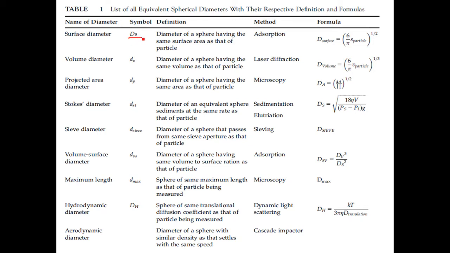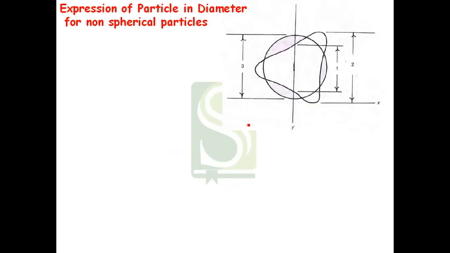You can see here surface diameter, volume diameter, projected area diameter, Stokes diameter, sieve diameter, volume surface diameter, maximum length diameter, hydrodynamic diameter, aerodynamic diameter. This is the definition of each diameter, by what method you can determine that particular diameter, and this is the formula for calculating that individual diameter.